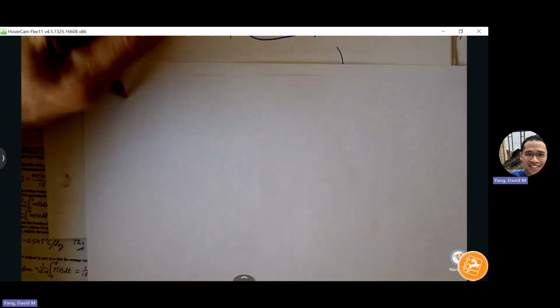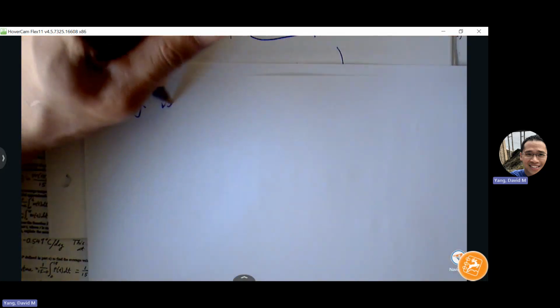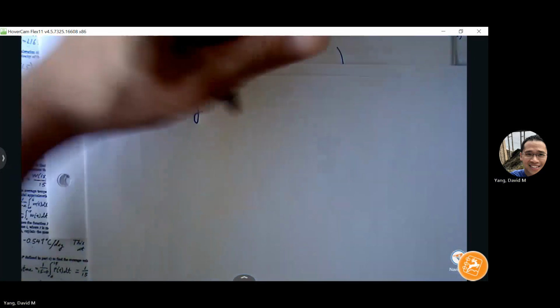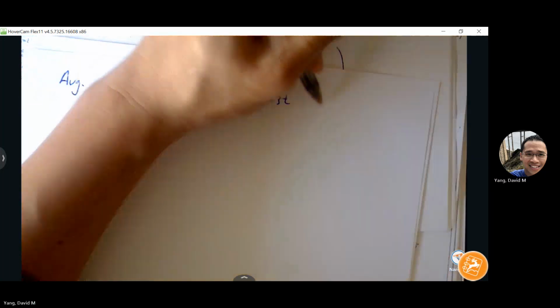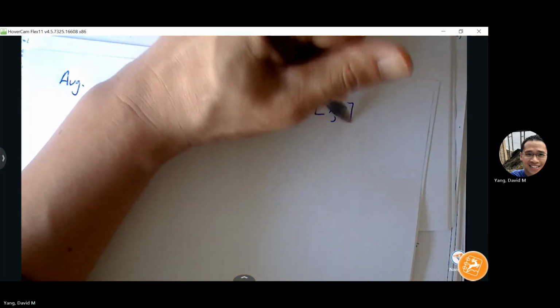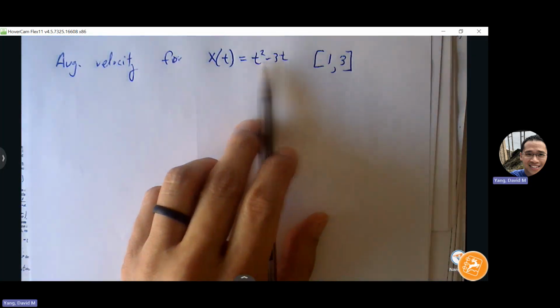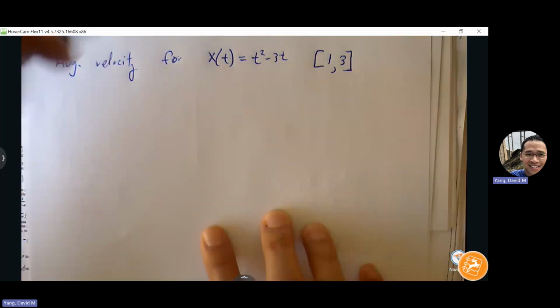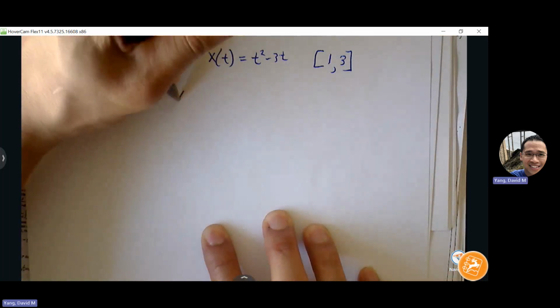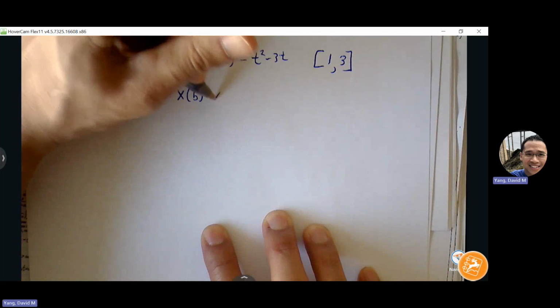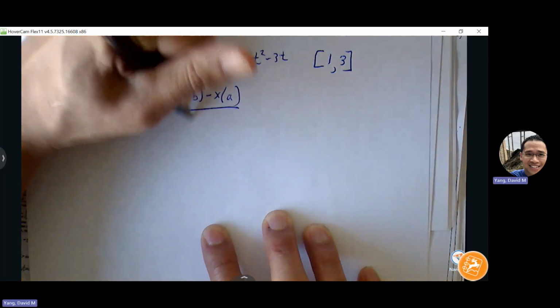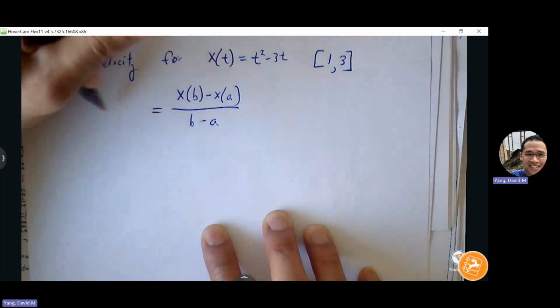Let's say I asked you for average velocity for a position function like this. This one we don't do calculus, right? Because average velocity is just change in position over change in time.